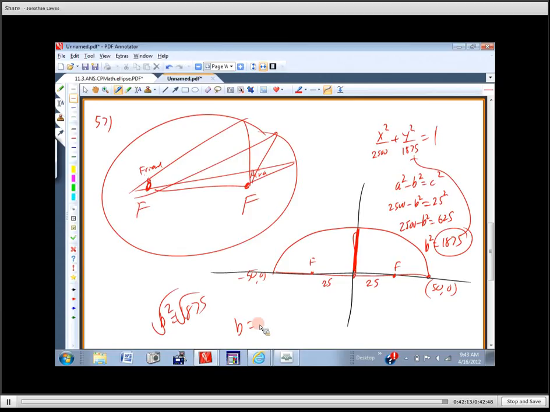So square root of 1875 is? Charles, it's your job. Square root of 1875. We'll get that answer. Okay, that's 43.3. Thank you. 43.3 feet. So it's going to be 50 feet in each direction and then 43.3 feet tall.